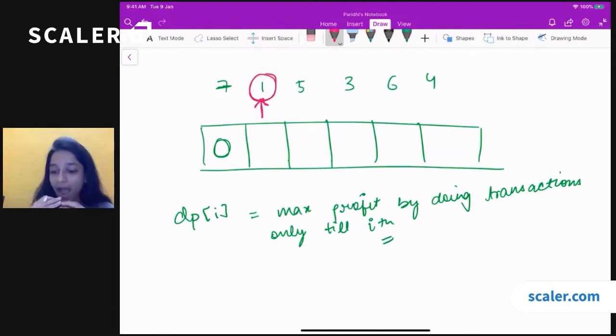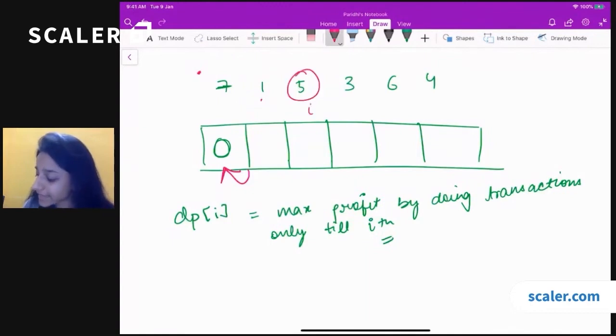So I can either sell a stock or I don't sell a stock. If I don't sell a stock, that means whatever is present over here will be my answer. But if I sell a stock, then I'll be moving from the first location till the i minus 1th location to check if there is a value which is lesser than this value. So let's say this is i and j is at this position.